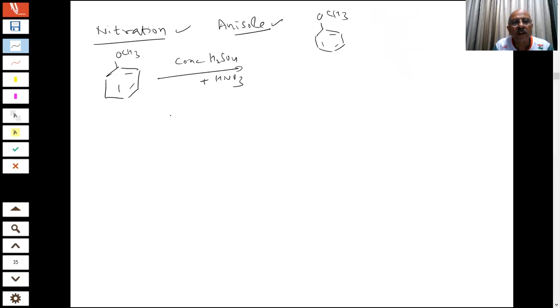You know what the mixture gives? NO2 plus ion. Nitronium ion. That is an electrophile.